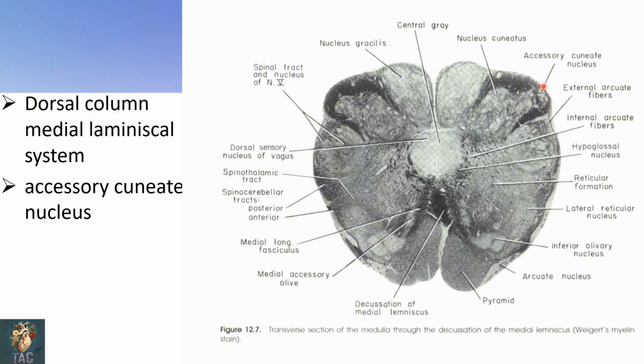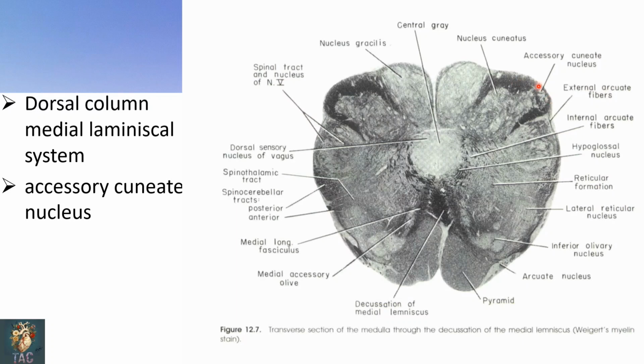This accessory cuneate nucleus is representative of the dorsal nucleus of Clarke, which is present in the spinal cord, and it represents the fibers which carry the sensation from the upper limb, from the upper thoracic and cervical level, and these fibers form the cuneocerebellar tract which enters through the inferior cerebellar peduncle into the cerebellum.